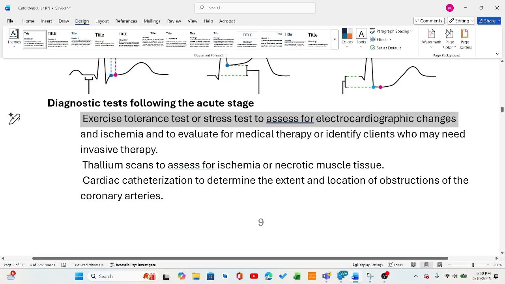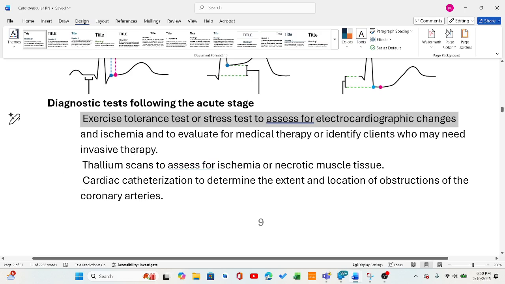So the stress test, we said that the person will be on a treadmill, and then the doctor will be evaluating the activities of the heart. So exercise tolerance test or stress test is assessed for electrocardiographic changes and ischemia, and to evaluate medical therapy to identify clients who may need an invasive therapy.